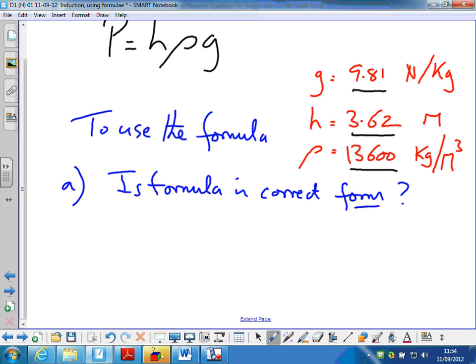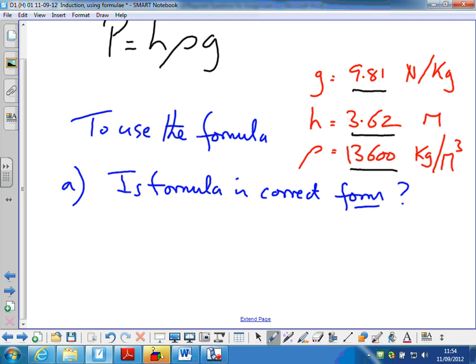I've been asked to find the pressure, and the formula reads pressure equals something. If I've been asked to find the density, I would have to rearrange this formula to read density, or rho, equals something. So is the formula in the correct form? A lot of the time, yes, it is, because we're after it. You're just using the formula, not having to rearrange it. But if it's not in the correct form, we've got to rearrange it.